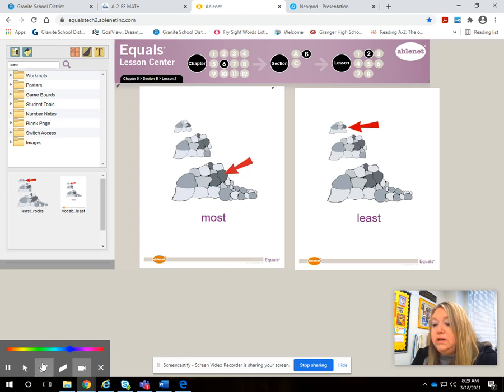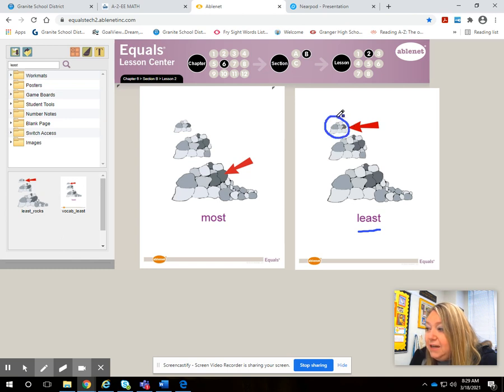So what you can see here is that we have least, okay? And the least amount is this tiny amount right here. This is the least, okay? It's the tiniest amount. And then the one with the most is the biggest amount right here, okay? So if we are working from least to most, I would put a number 1 by the least.